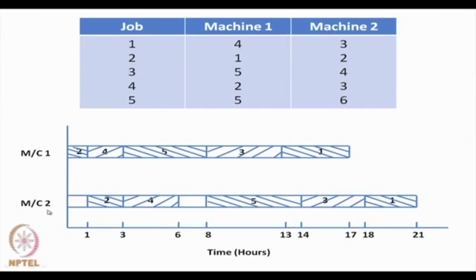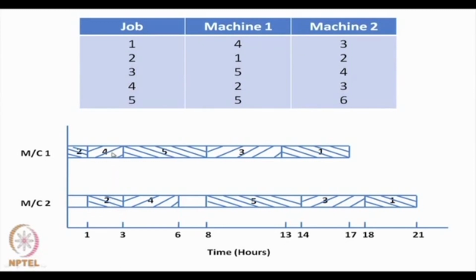Now, you see for machine 2, job 2 can start only after its work on machine 1 is over. Therefore, job 2 can start only at this point. Machine 1 takes 1 hour for job 2. So, at the end of 1 hour, machine 2 can take up job 2.